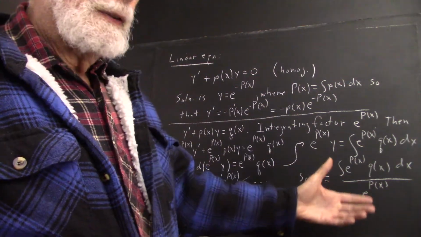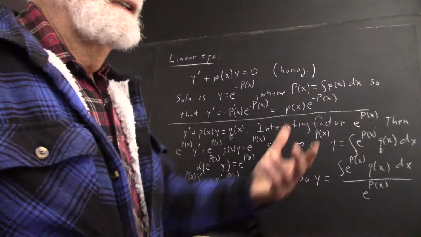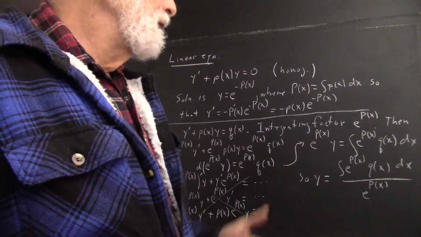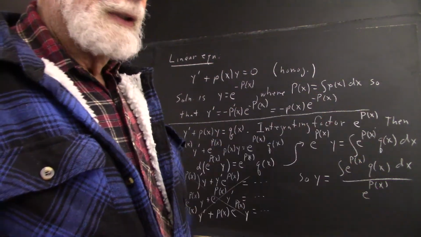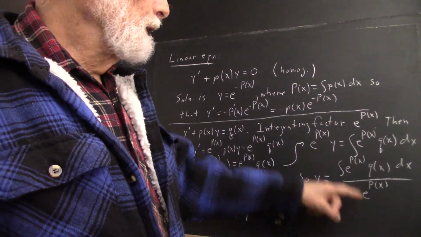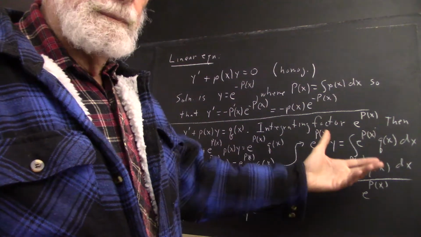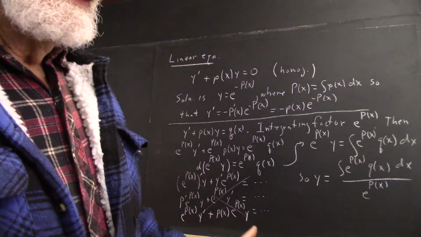The integration constant allows you to match an initial condition or a given condition, and the integral just gives you some function. It'll often be a function that's easily divided by this one. And that's how it works out.